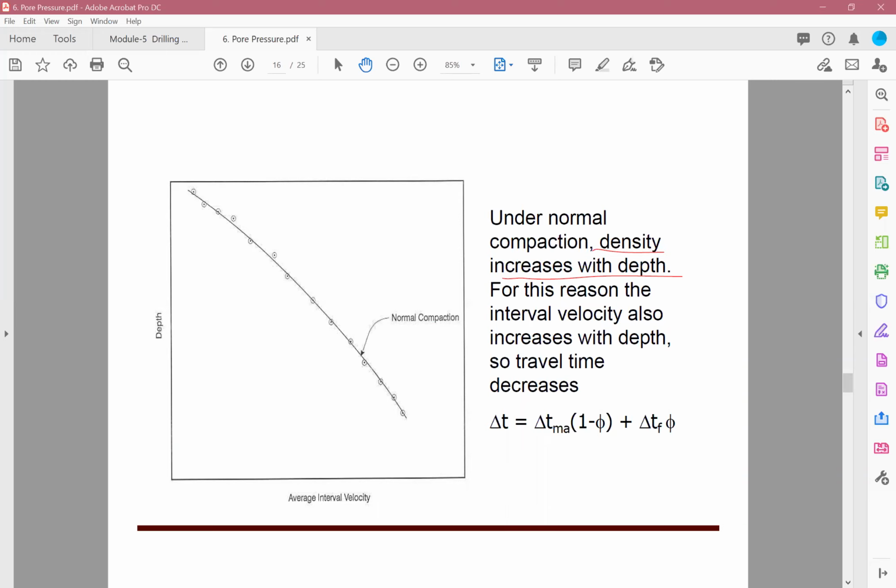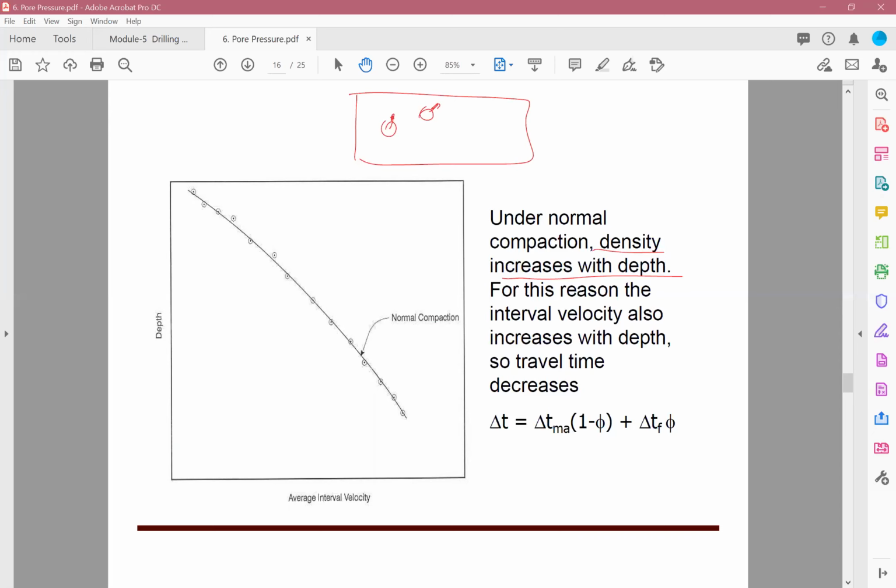But if for any reason one of the formations that you are drilling through at higher depths has a lower density than the formation at shallower depths, then that's a sign of abnormal pressure, because there is a fluid inside that formation that is putting too much pressure on the rock, and that's why the density is lower.